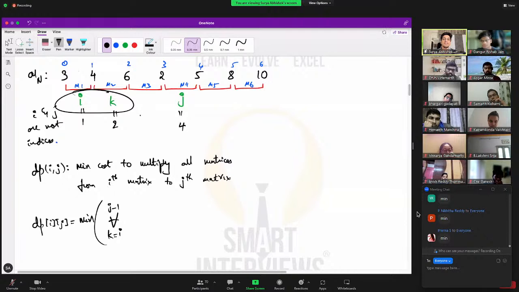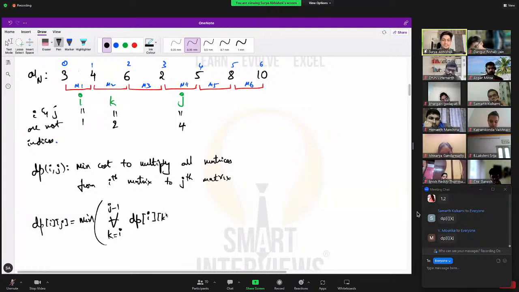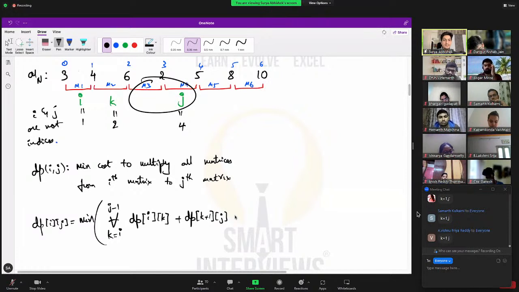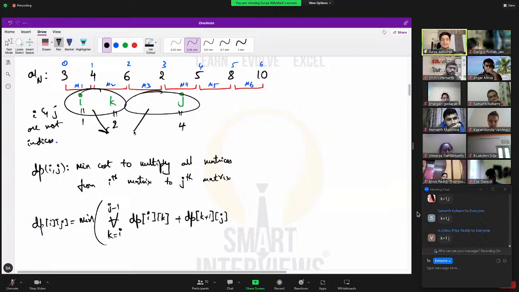First, we should know how long it will take to multiply these matrices, which will be given by dp of I, K. Then we should know how long it will take to multiply these matrices, M3 to M4, which will take dp of K plus 1, J. Now, once you know how long it will take to multiply M1 and M2, and M3 and M4, you should know how long it will take to multiply these results, right?